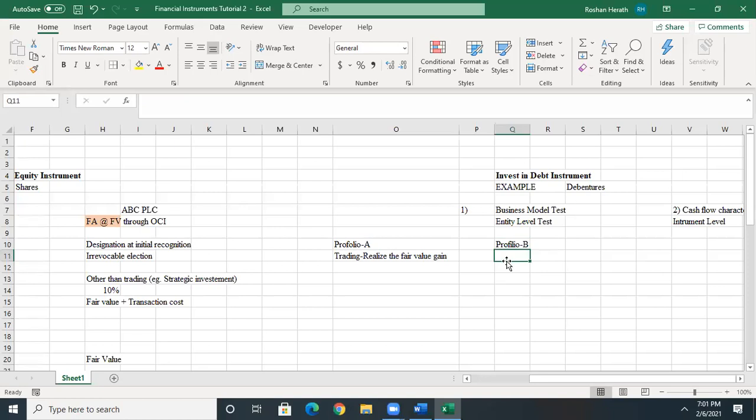So you may be maintaining this portfolio with the purpose of holding the instrument till its maturity and collecting the contractual cash flows, right? So here your intention is to hold the instruments till maturity, and collect contractual cash flows.